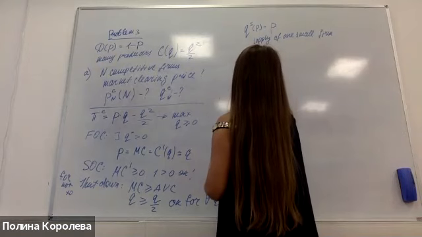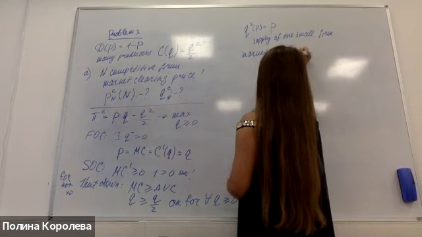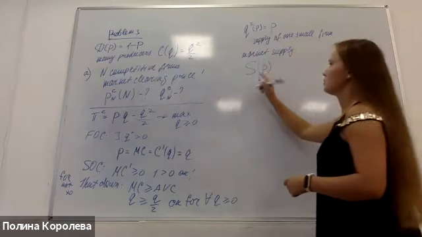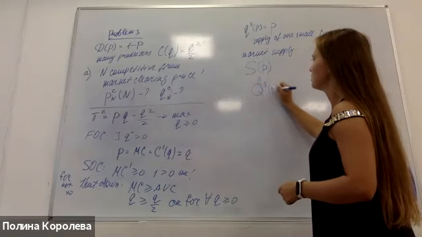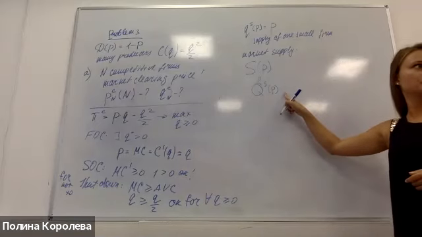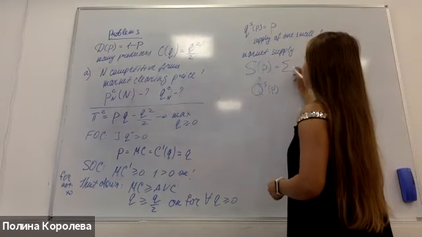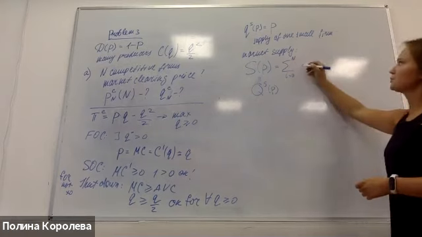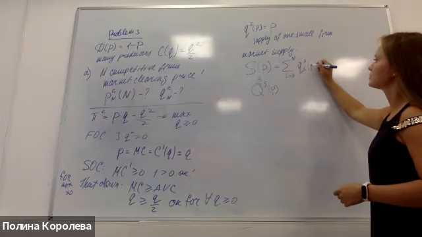Market supply, as a function of P or Q, is equal to the sum from i equal to 1 to n of the firms' supplies.